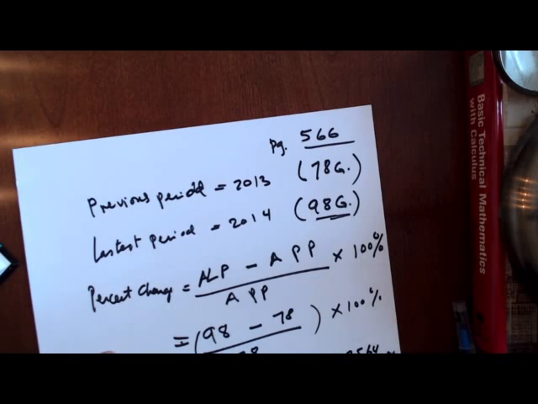And remember what I told you, when you multiply by 100, you move the decimal point two spaces, so the answer will be approximately 25%.